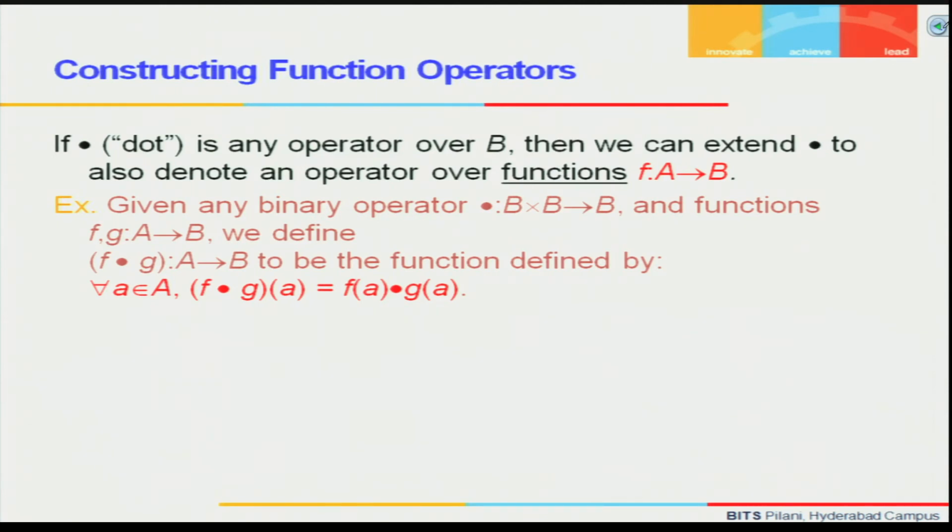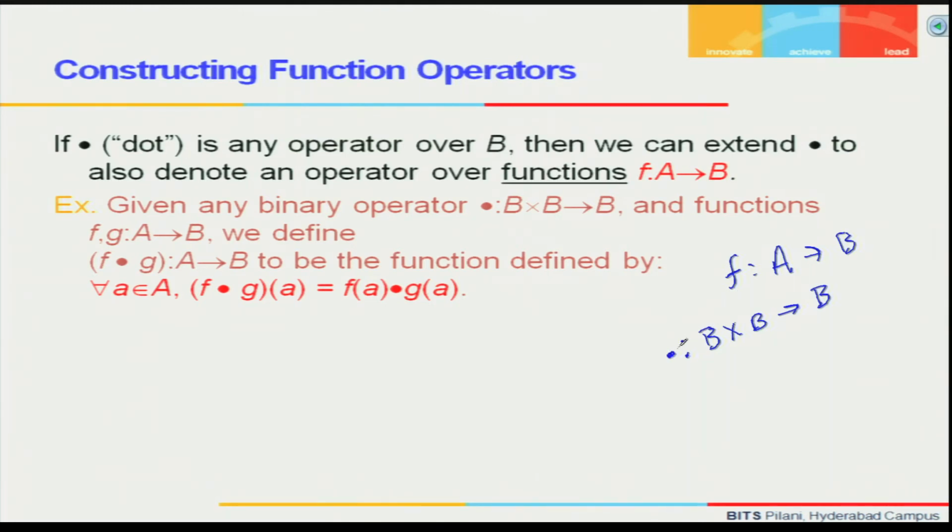And now say we have a function defined from A to B, and an operator, be it any operator. In our case, let us consider a binary operator from B cross B to B. This is definitely a function.